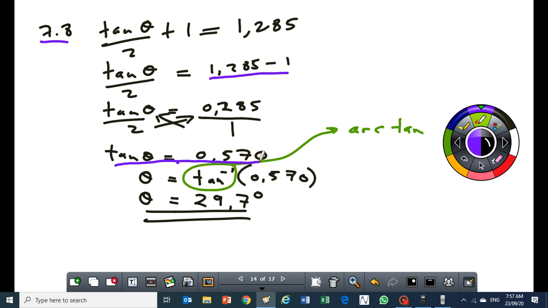Then I take the tan to the right, it becomes arctan of the ratio, which is 0.570. So theta is going to be that.